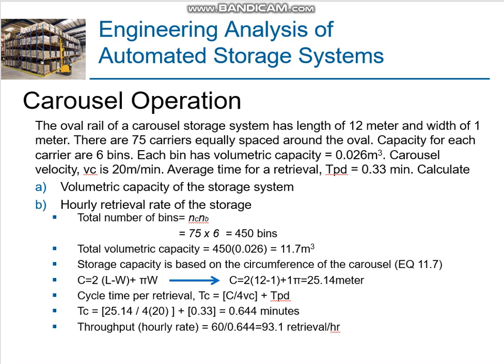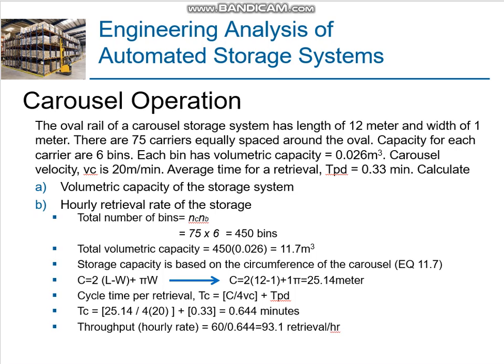Based on that, we can calculate the cycle time per retrieval, TC, which is equal to C over 4 VC plus TPD. And we can replace the equations.